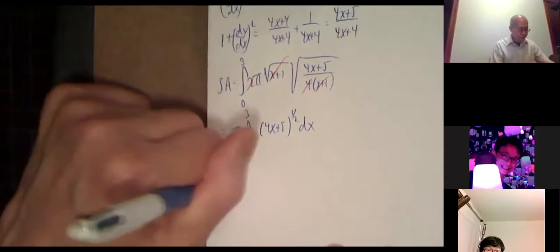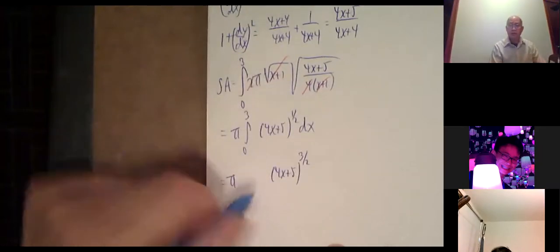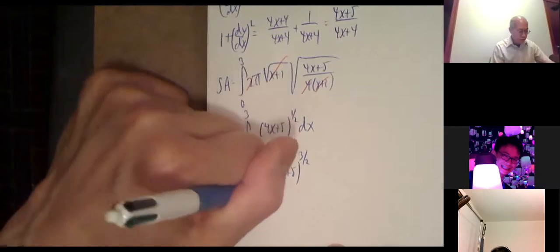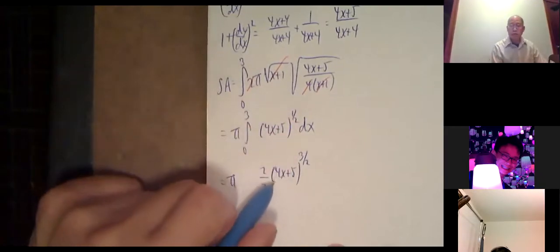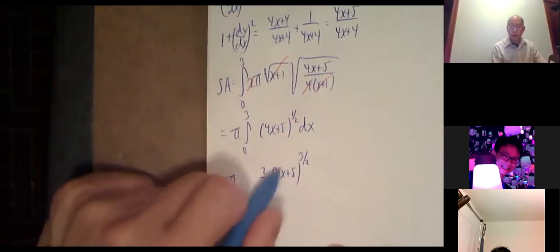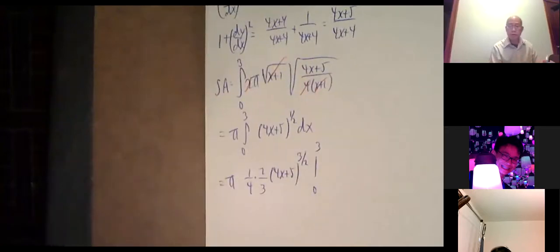Okay, you can do a substitution, but I think you can just go straight to it. So 4x plus 5 to the 3/2 divided by 3/2 means times 2/3. And then by the chain rule, if I were to differentiate this, I multiply by 4. Since I'm integrating, I multiply by 1/4, from 0 to 3.